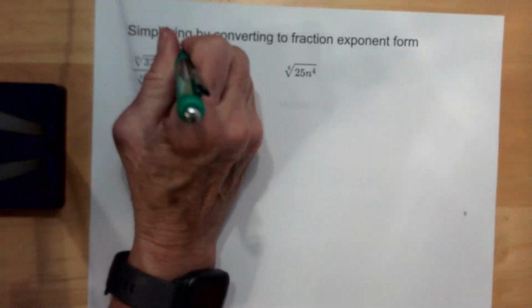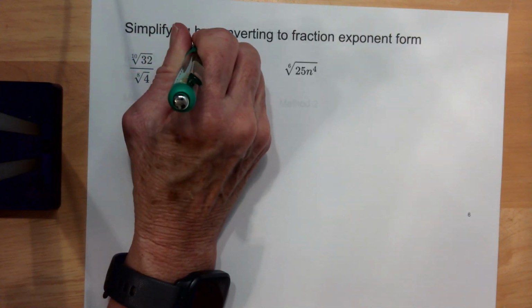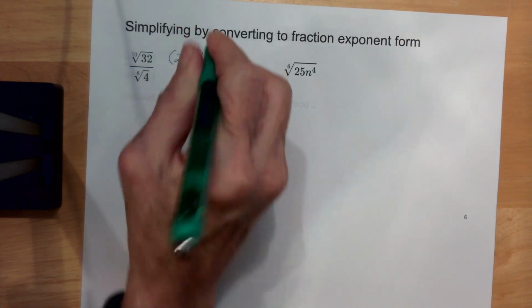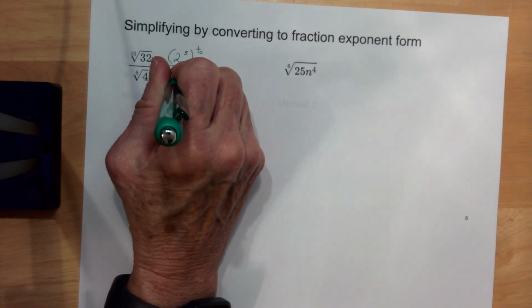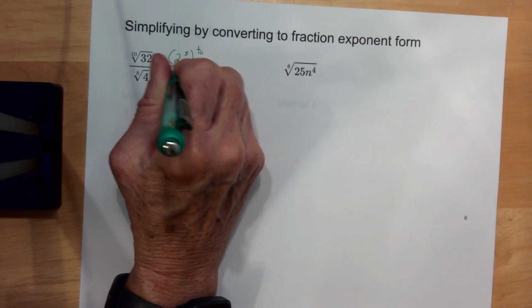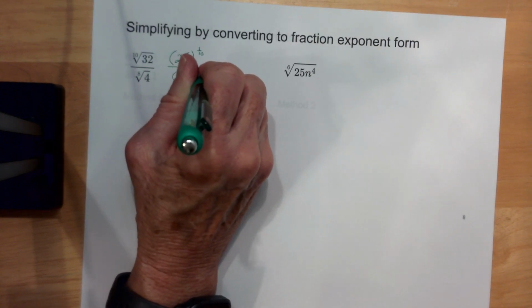Yeah. So this is 2 to the fifth power raised to the 1/10th power, because it's the 10th root of it. This would be 2 to the second power raised to the 1/8th power.